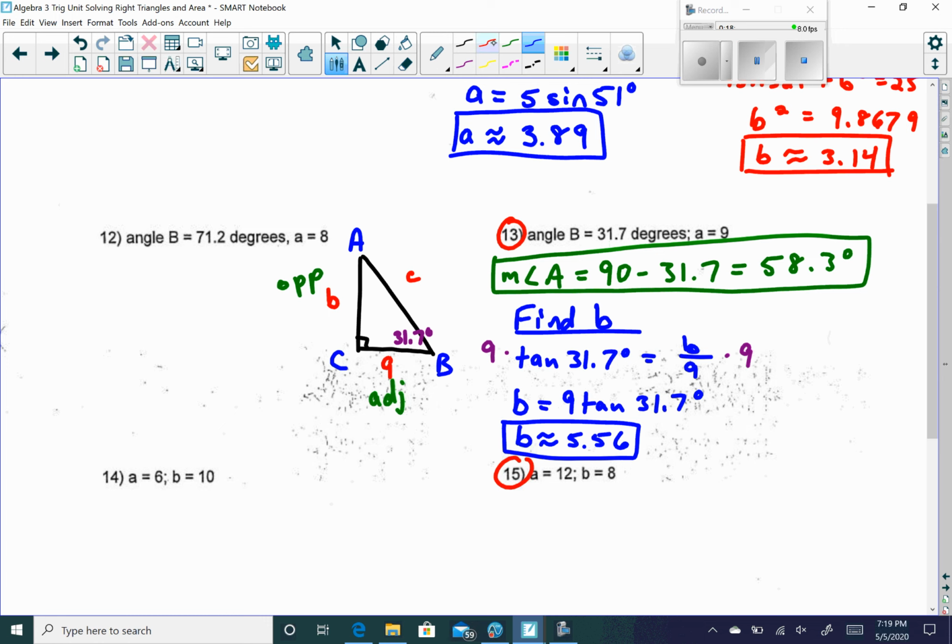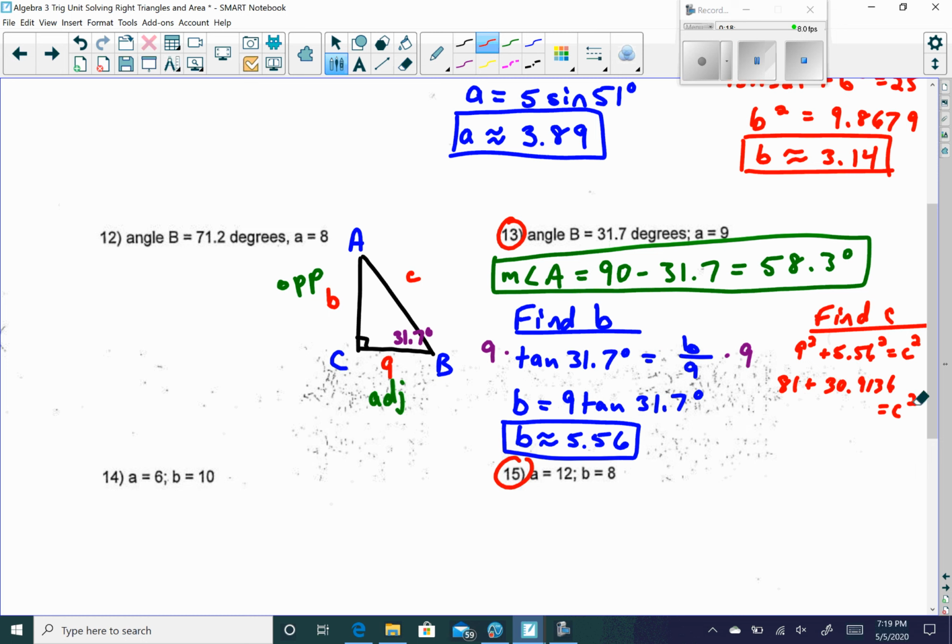But yes, we could just use the Pythagorean theorem to find side C. So we're just going to say 9 squared plus 5.56 squared equals C squared. So we're going to get 81, and squaring 5.56, you get 30.9136.